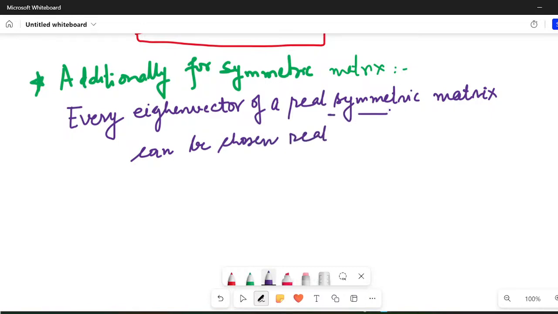So there is an additional freedom for us in a real symmetric matrix: every eigenvector of a real symmetric matrix can be chosen real.